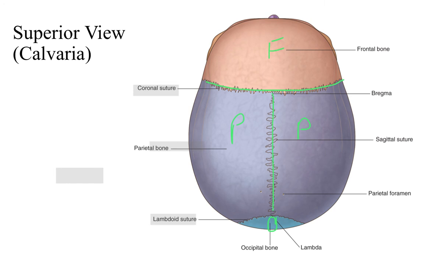Again, think of sagittal sections. And at the posterior side that connects the occipital bone to the parietal bones, you have the lambdoid suture. And the lambdoid suture is called the lambdoid suture because it looks like the Greek letter lambda. So imagine that kind of there. So that's called the lambdoid suture.